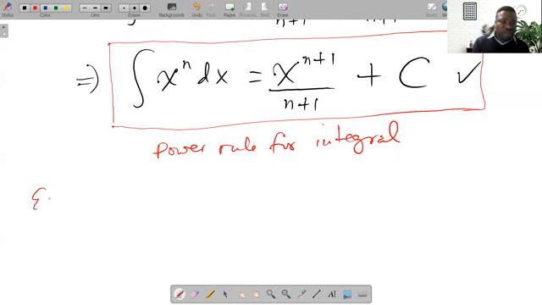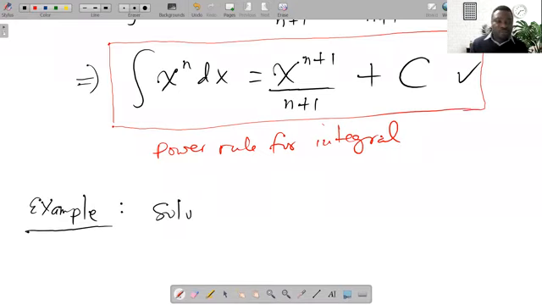Example will be, let me use block here. Example will be, let's say, solve something like 3x squared dx, right?